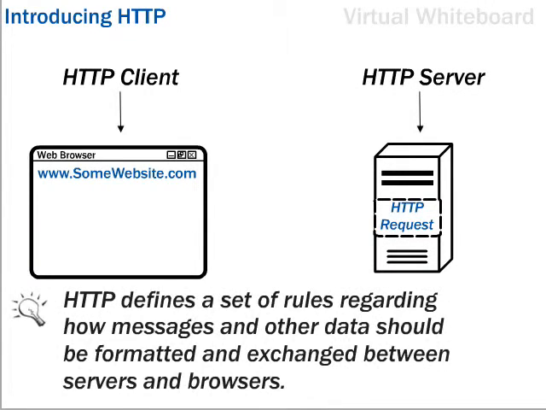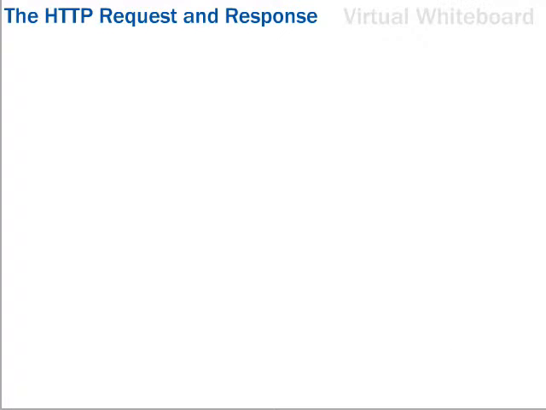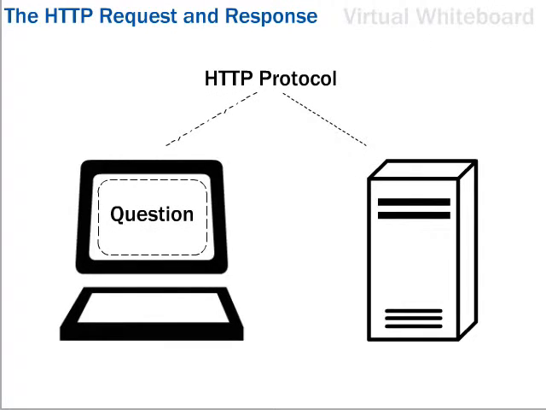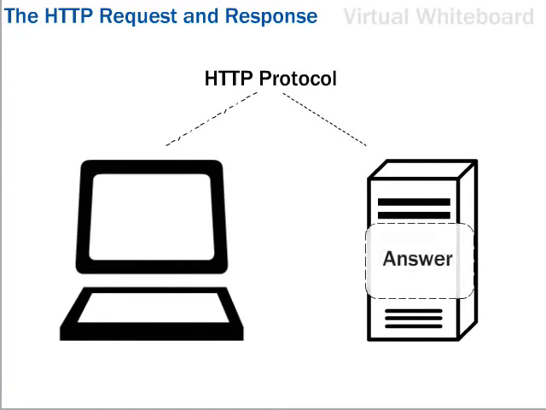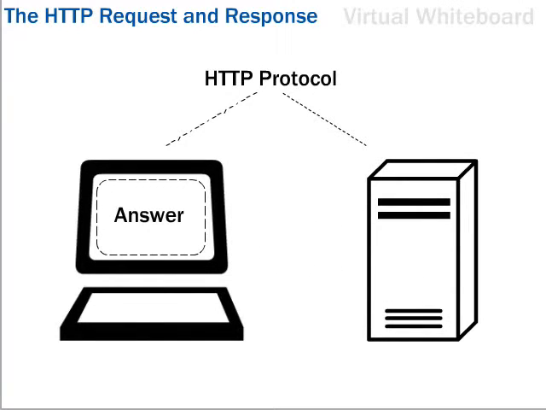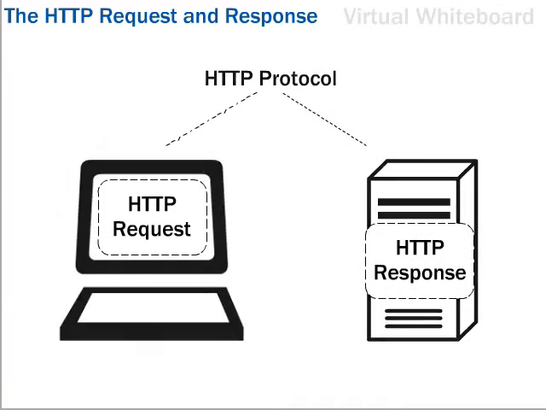So basically, HTTP defines a set of rules regarding how messages and other data should be formatted and exchanged between servers and browsers. The HTTP protocol is pretty much like a conversation that is based on a series of questions and answers, which we refer to as HTTP requests and HTTP responses.